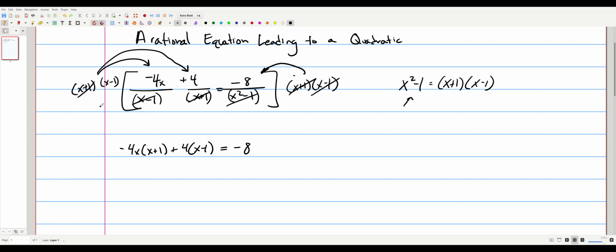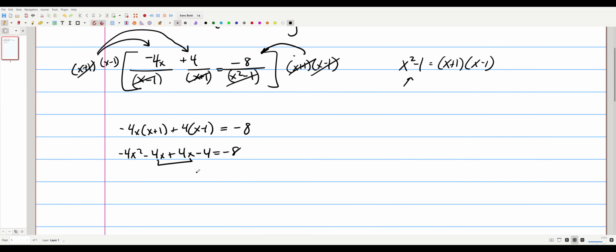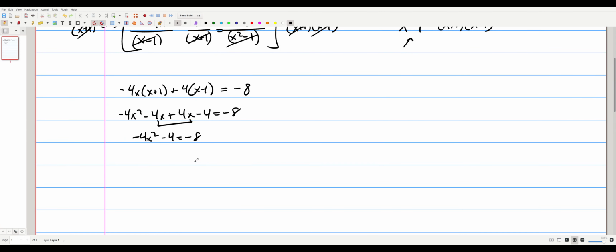Now we can FOIL this side. We'll get negative 4x squared minus 4x plus 4x minus 4 is equal to negative 8. Combine like terms, these ones will cancel, so we'll get negative 4x squared minus 4 is equal to negative 8. We add 4 to both sides, we get negative 4x squared is equal to negative 4.